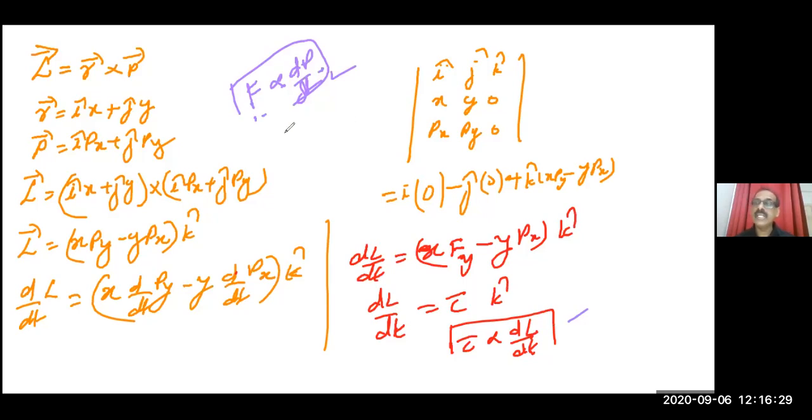Both are similar; this kind of similarity we call analogous. Sometimes they will ask which physical quantity in rotational motion is analogous to force in linear motion. Then you have to say torque. And which quantity is analogous to linear momentum? Angular momentum. You must be able to compare like that.